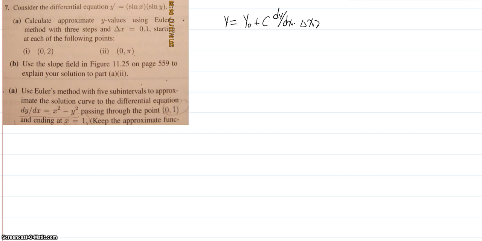In order to make it convenient, I'm going to make a table for problem 1 of A. So you have x, and y prime. It's asking for delta x equals 0.1, and we're starting at 0, 2. So here I'll plug in 0, 2. You plug in sine of 0, it's going to be 0, so y prime will be 0.